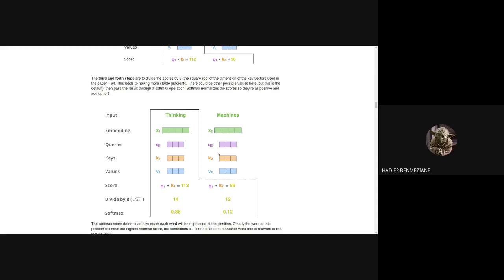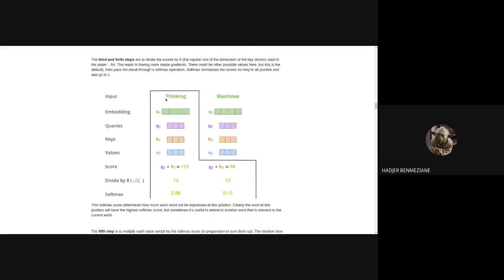For the first word, the softmax is applied at the end to get the probability, or the importance, of that word. So the importance of the first word is 0.88, and the importance of the second word is 0.12.